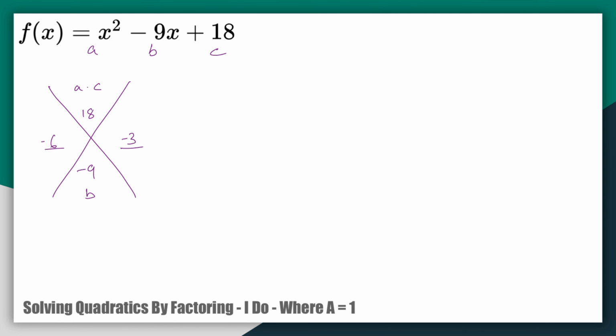So because a is equal to 1, I can write this out: x minus 6 times x minus 3. Okay? Now we set this equal to 0, and then you cover 1. So x minus 6 is equal to 0 is one, and x minus 3 is equal to 0 is the other. You add 6, you get x is equal to 6.